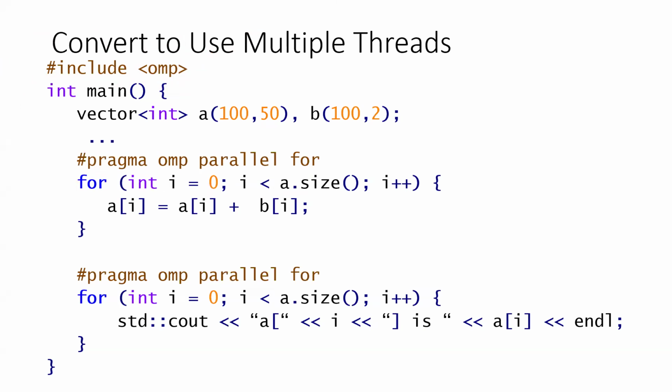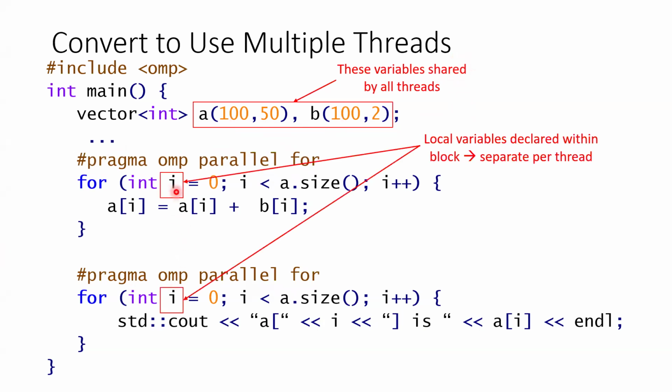This will automatically parallelize your for loops. A and B are global in terms of the parallel for, so these variables are shared by all threads. The i's are declared within the for loop, so they are local variables declared within the block. So these local variables are separate per thread.